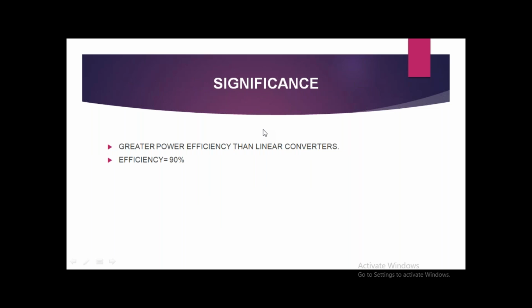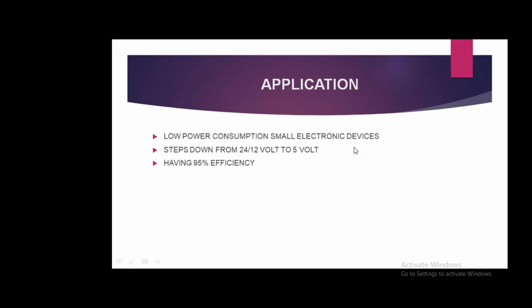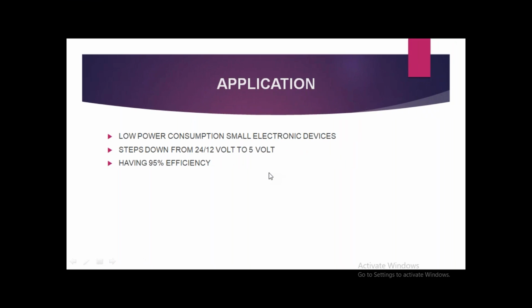It has greater power efficiency than a linear converter, about 90%, and it has various kinds of applications. Next slide. It is generally used in low power consumption or small electronic devices. It basically steps down from 24 or 12 volt to 5 volt, having a 95% efficiency. So now my friend Toritra Banerjee will continue.